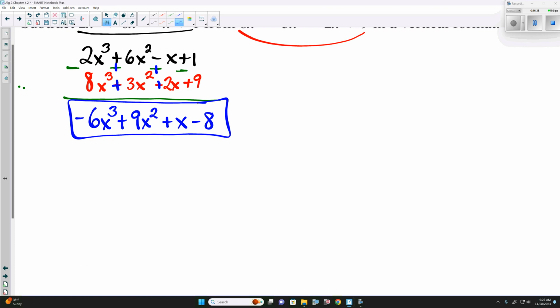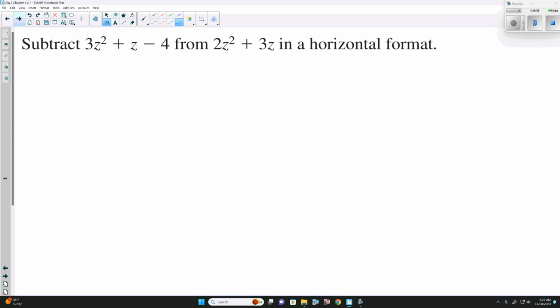I'd have to look into the Inspires because they might. I know the 89s are able to add, subtract, multiply, divide these polynomial expressions. They're able to solve and do tons of stuff. But they are banned on pretty much every single standardized test because they do it for you.